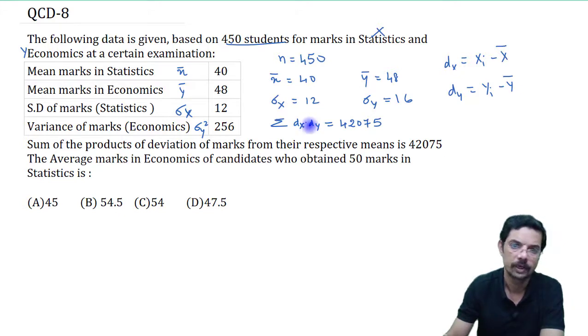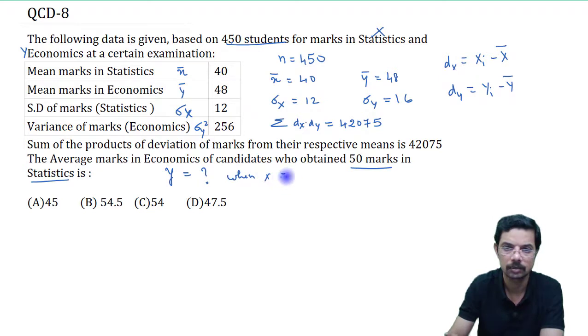Now we need to find the average marks in economics, that is, y, of the candidates who obtained 50 marks in statistics. So y equals question mark when x equals 50.